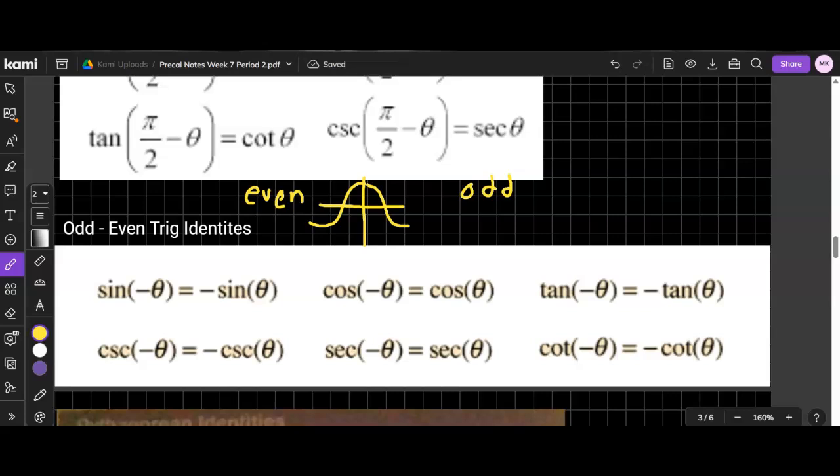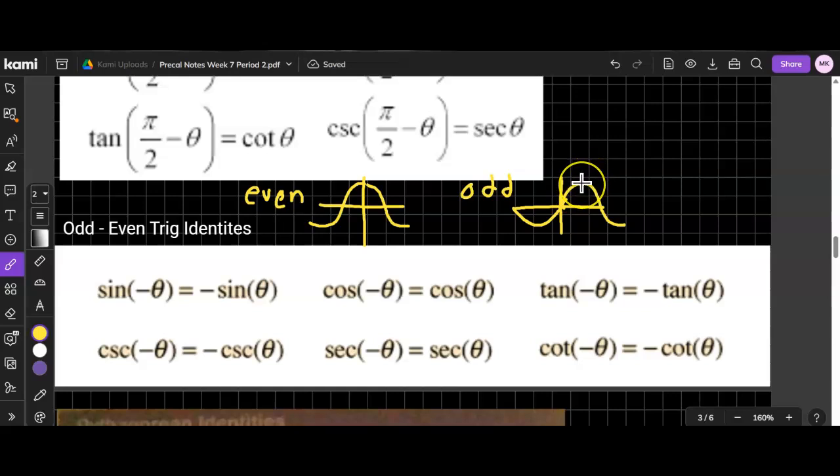Meanwhile, odd, because rather than it being a reflection over your y-axis, it's a rotation about the origin. When you have an odd function, the value that you have in the positive for sine is the same value when you're in that negative direction.